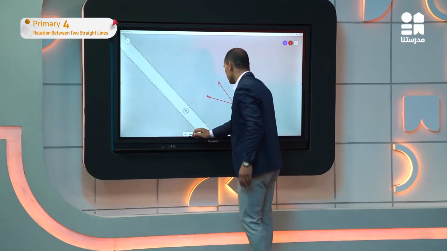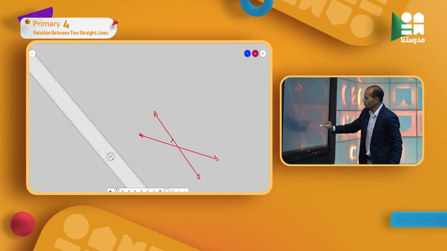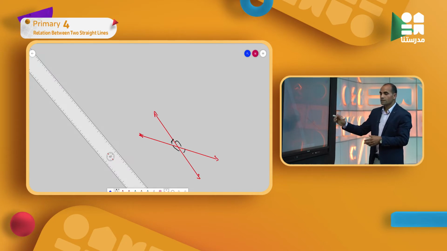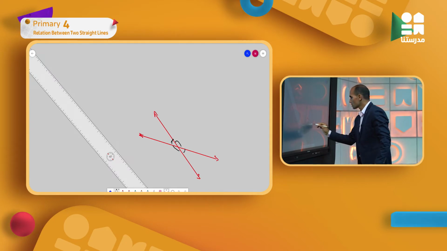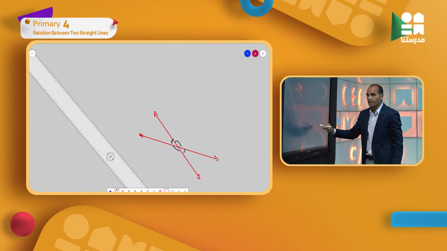How many angles do we have here? Right, count with me. 1, 2, 3, and 4. This point is called the intersection point. So I have 4 angles resulting from the intersection of the two straight lines in front of us.